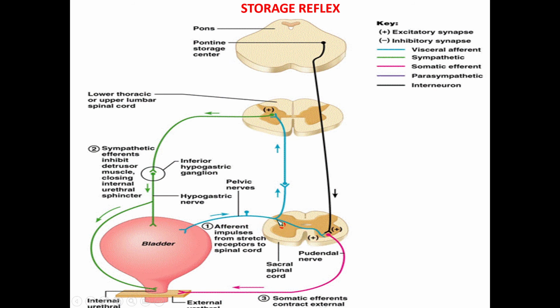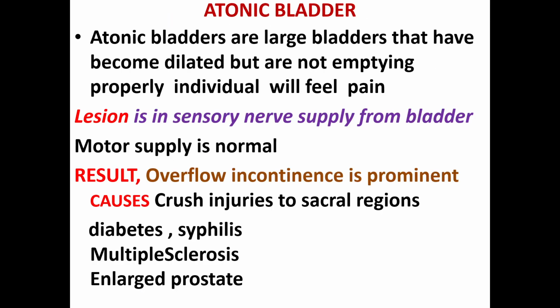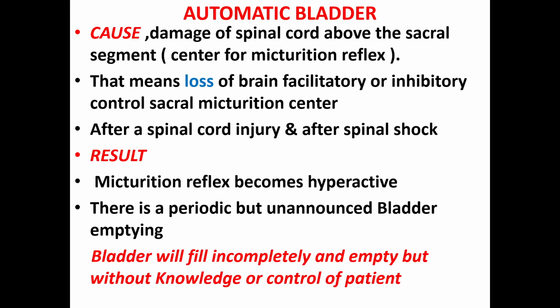Here is the connection; it can stimulate the pudendal nerve, and ultimately the bladder will empty. So this is the second type of lesion, known as the automatic bladder. Overflow incontinence is prominent, but this overflow is different: the bladder will fill to some extent and empty immediately.